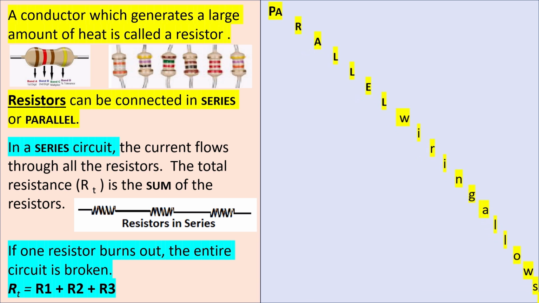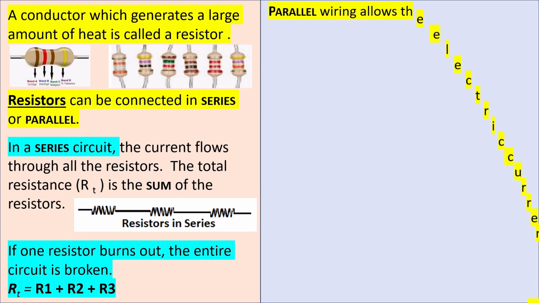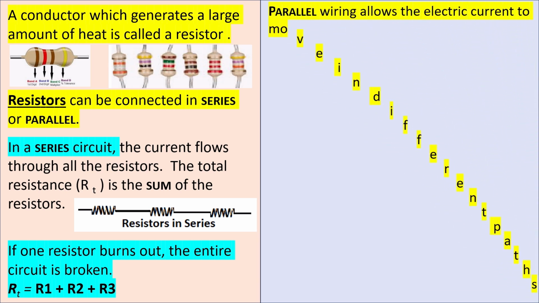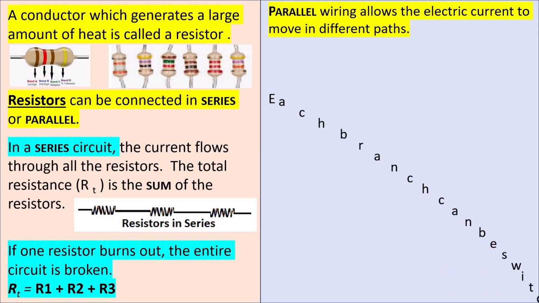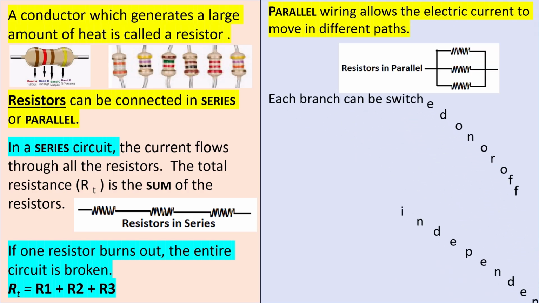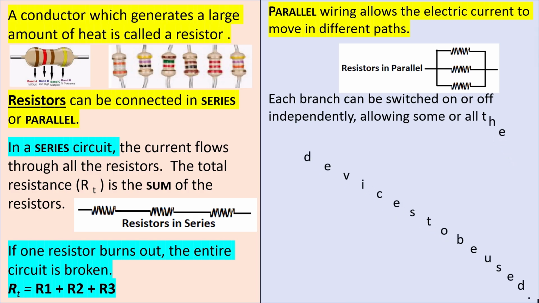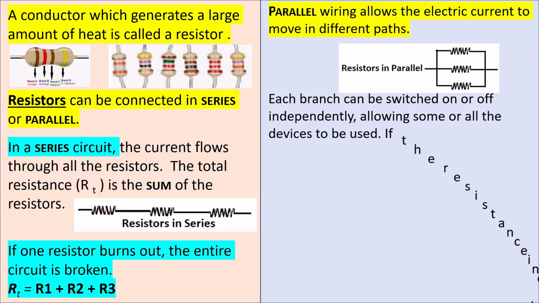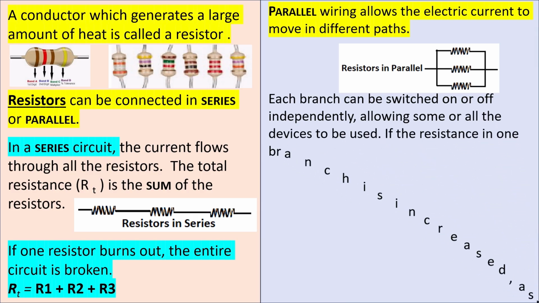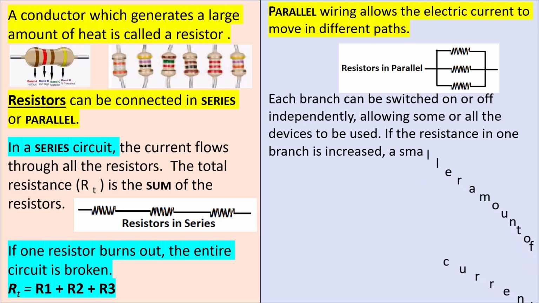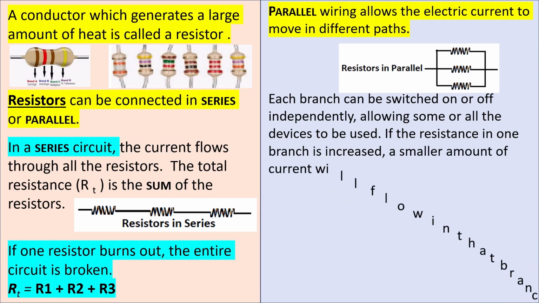Parallel wiring allows the electric current to move in different paths. Each branch can be switched on or off independently, allowing some or all of the devices to be used. If the resistance in one branch is increased, a smaller amount of current will flow in that branch.